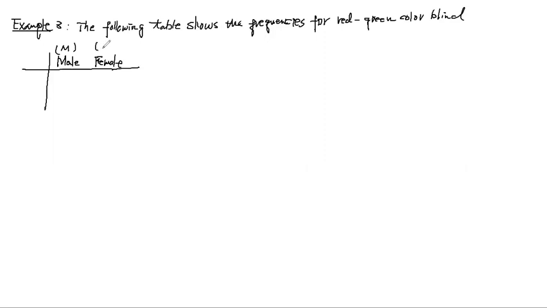This is colorblind, C, and C prime means not colorblind. So the probabilities here are 0.035, 0.452, 0.004, and 0.509.